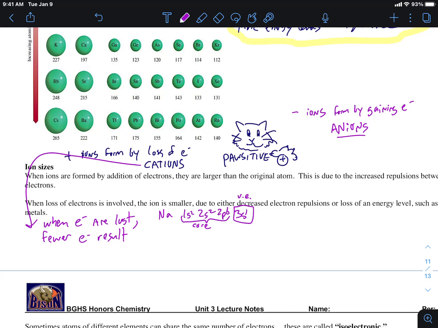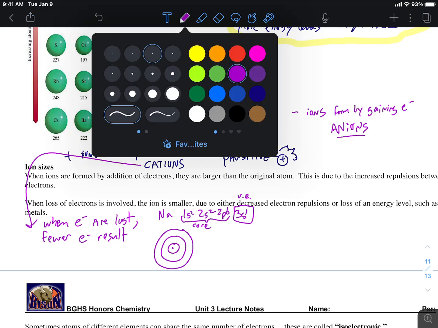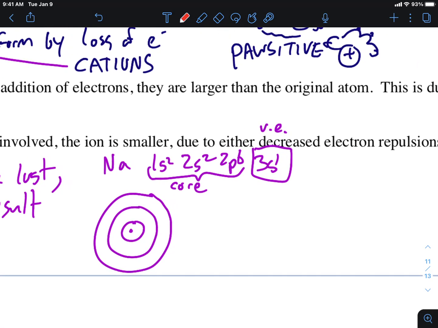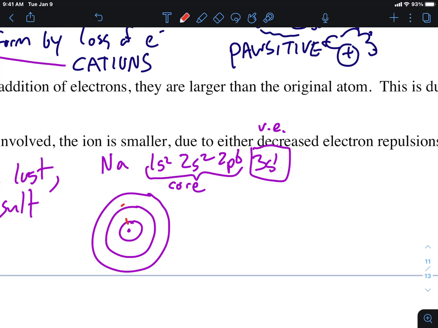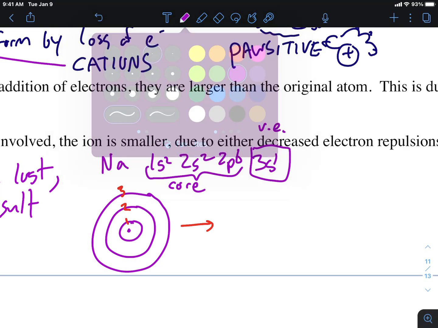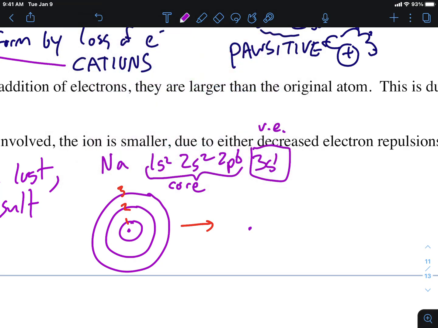So if I draw a Bohr diagram, here, energy level 1, energy level 2, energy level 3. If sodium loses an electron, it loses its valence electron.